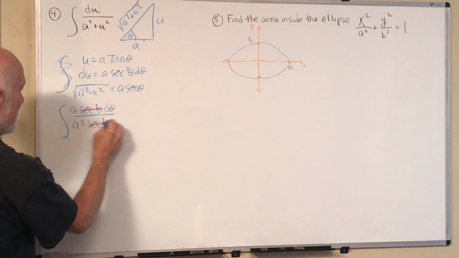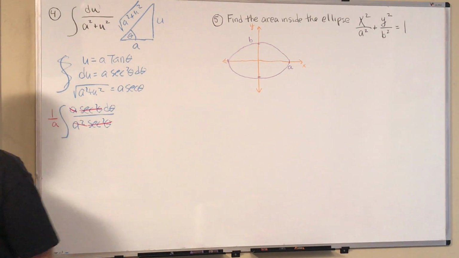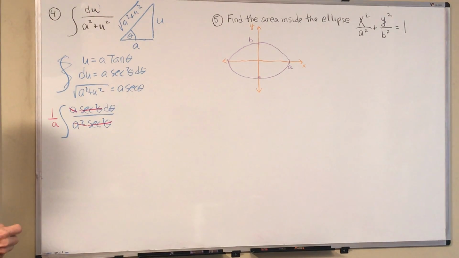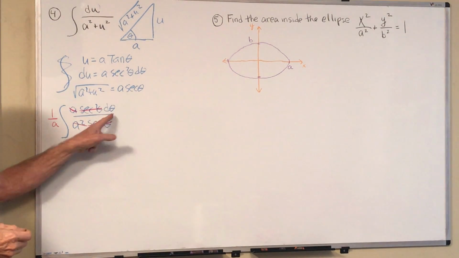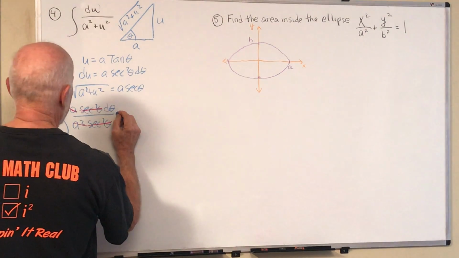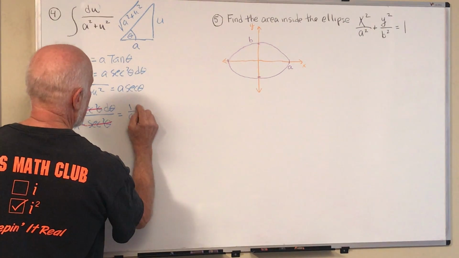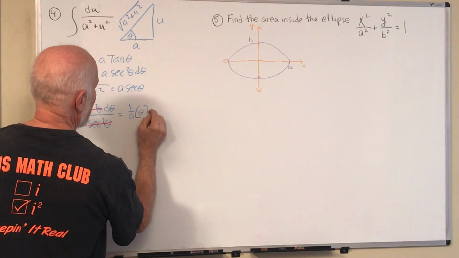Secant squared, secant squared. You're left with just 1 over a outside, and then you have the antiderivative of d theta. The antiderivative of d theta is theta plus c.